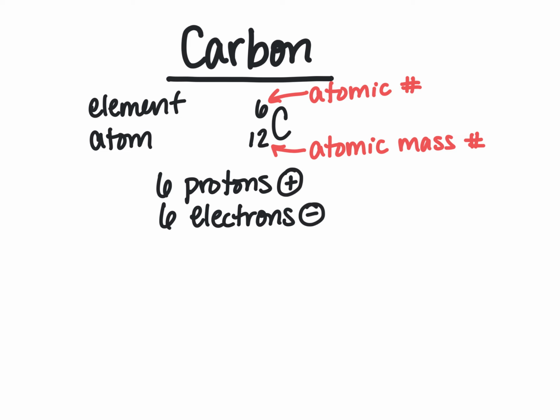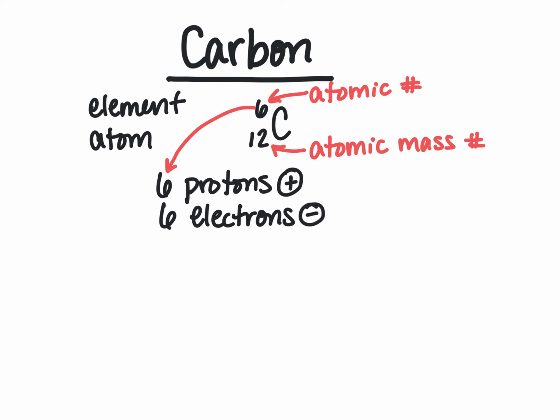Technically that 6 tells us that there are 6 protons, and then we can figure out that carbon also has 6 electrons because carbon is a neutral atom. So you have to have the same number of negatively charged electrons as positively charged protons in order to get a neutral atom.